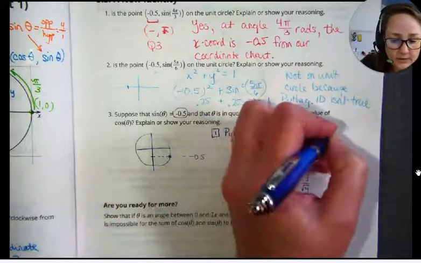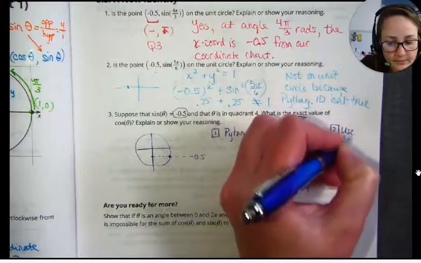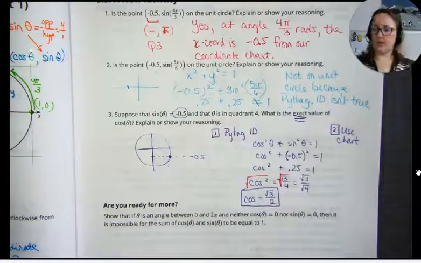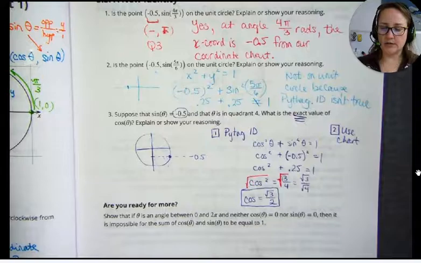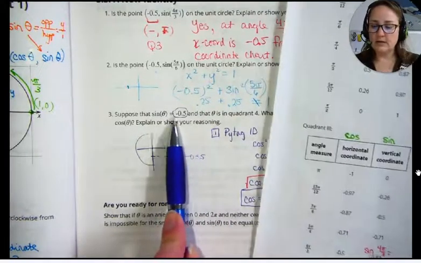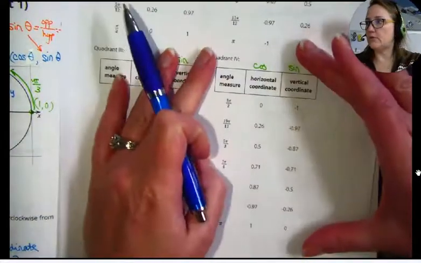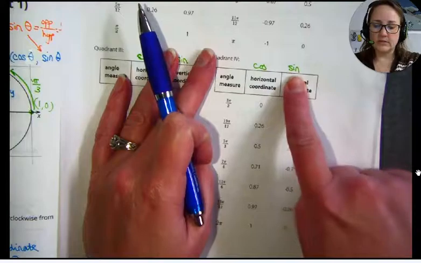The other way to do this is to use the chart. So you're seeing how useful this chart is to have handy. We're looking at a sine of an angle at negative 0.5 in quadrant 4. So I'm going into quadrant 4. I'm looking for a sine value.